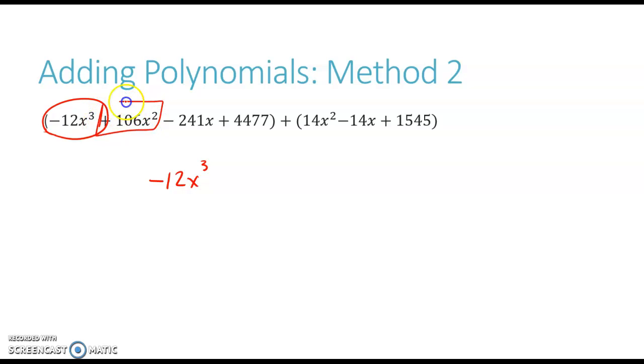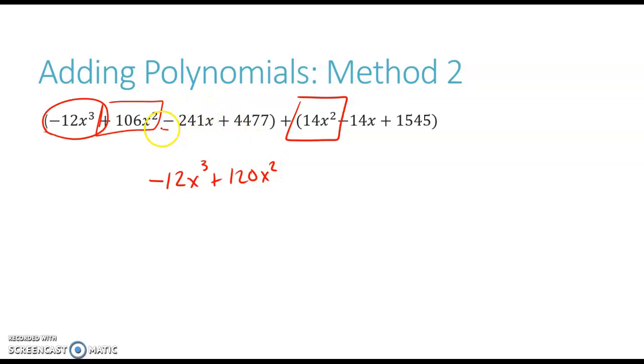All right, so now I'm going to work with x squareds. I'm going to use a box for the x squareds. I have 106x squared plus 14x squared. So we're going to take 106 plus 14, and they're both positive, so plus 120x squared.